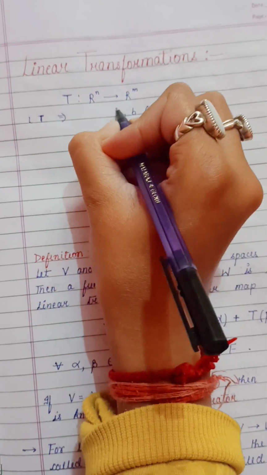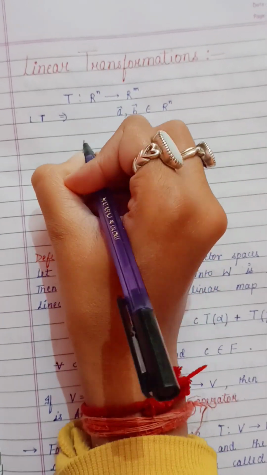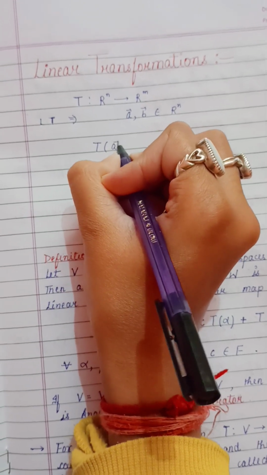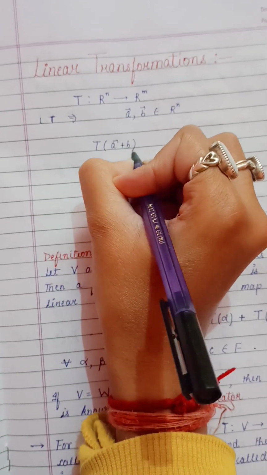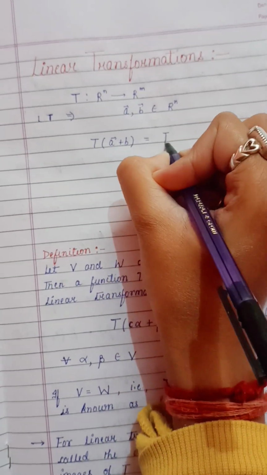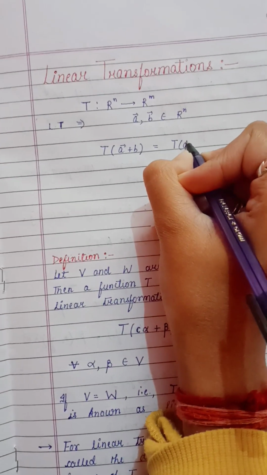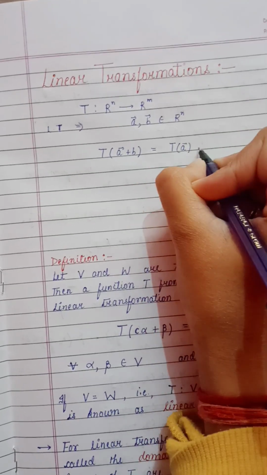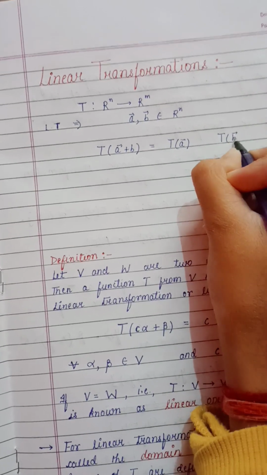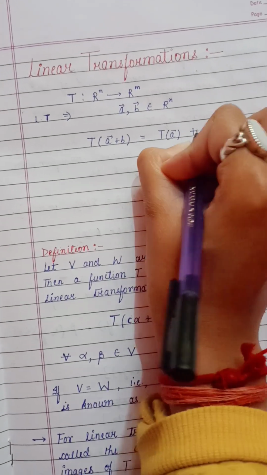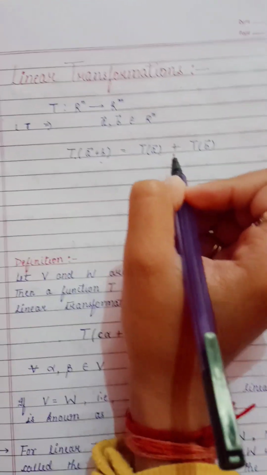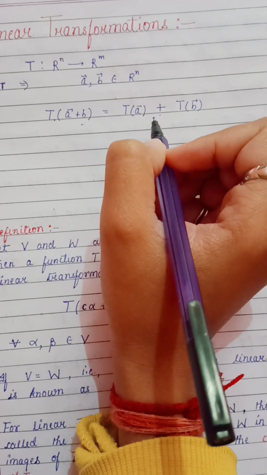If we take the transformation of the sum of these two vectors, then it will be a linear transformation if it equals the sum of the transformations of each of the vectors. If both are equal, then this would be a linear transformation.